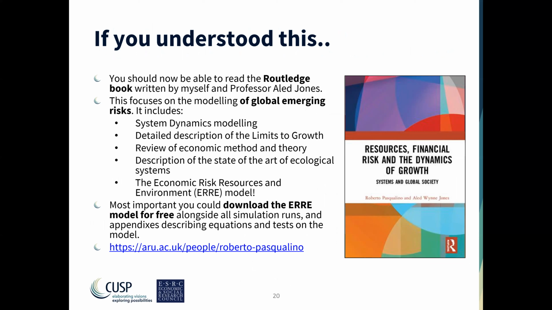It includes system dynamics, but also a detailed description of the limits of growth, a review of economic theory and method, and provides a description of the state of the ecological system today, and describes in detail the ecological risk and resources, environments, and the ARIA model. It is the model I built with my research. Most important, if you are interested, you can download the ARIA model for free alongside all simulation runs and appendixes with equations and tests at the following link that you can get by looking for myself on the Anglia Ruskin University website.